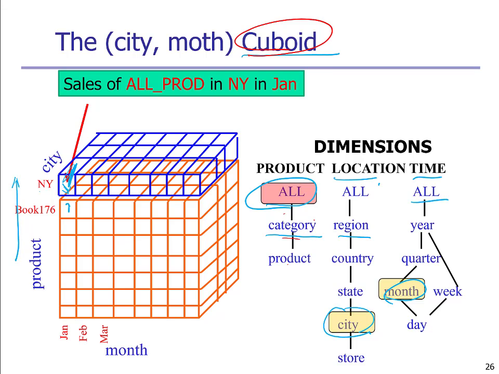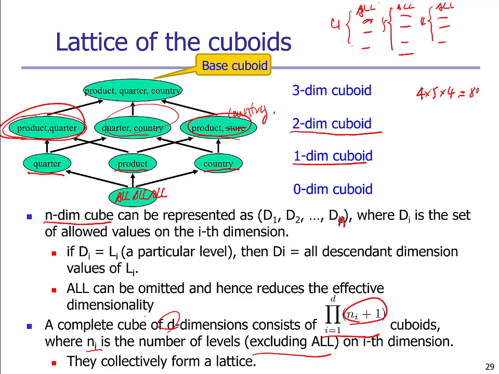So for a specific level on each dimension, we would have a cuboid. For example, this one is on product, city, and month, right? For this data cuboid, and that's why we say the n-dimensional data cube is more like a set, or the lattice, of all the cuboids.